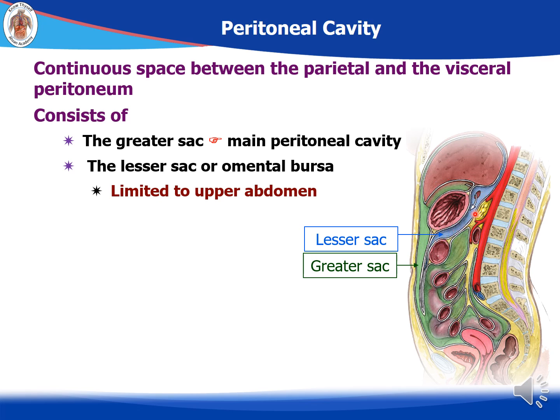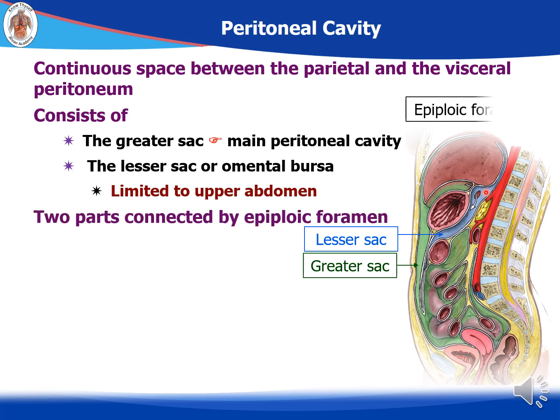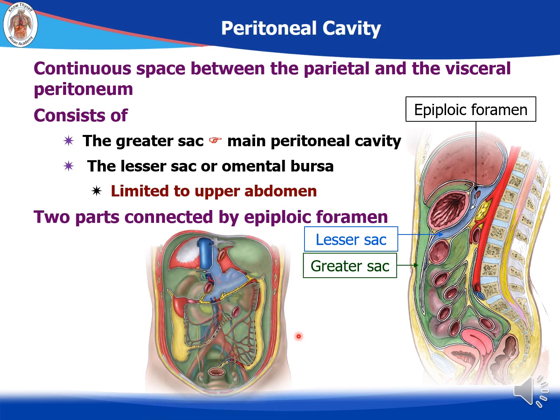This lesser sac is limited to the upper abdominal cavity, we have discussed in part 2 in detail. So this is the connection, the epiploic foramen, which lies just above the duodenum, below the caudate lobe of the liver, and posterior to the free margin and in front of the vena cava. This is the lesser sac position. The rest of the part is the greater sac position.